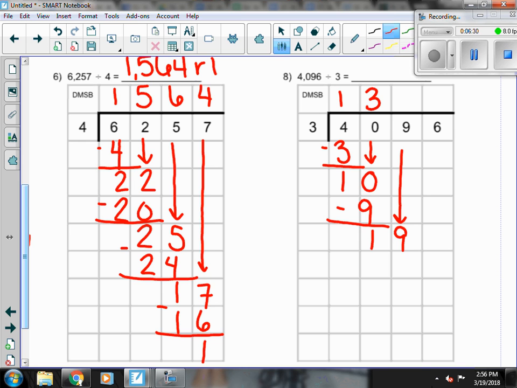Take a breath, and start the process again. 3 goes into 19 6 times. Multiply, 6 times 3 is 18. Subtract, 19 minus 18 is 1. Bring down my next number, and take a breath to start again. 3 goes into 16 5 times. 5 times 3 is 15. 16 minus 15 is 1.